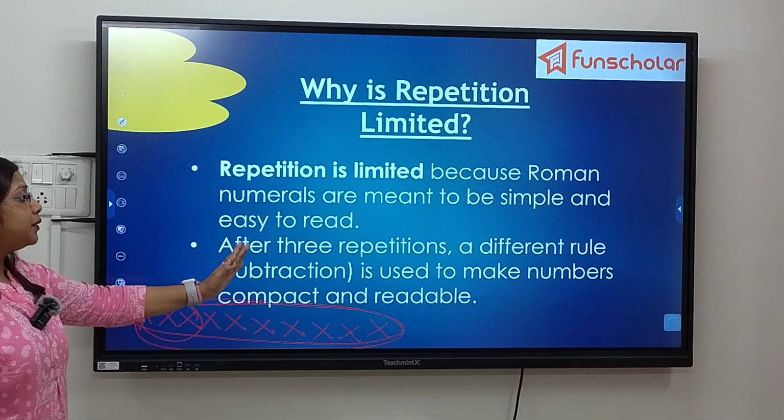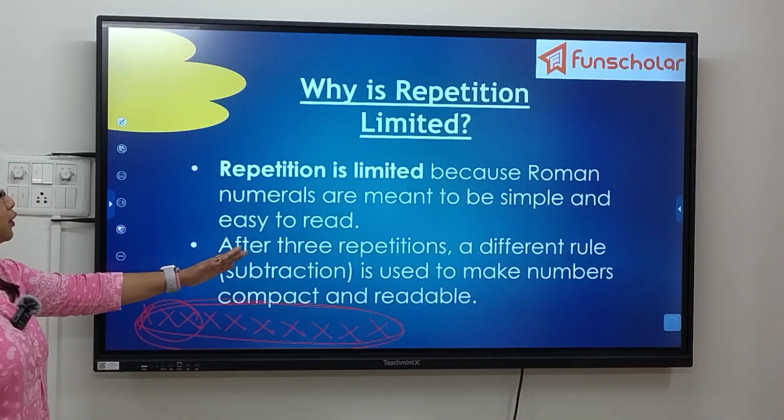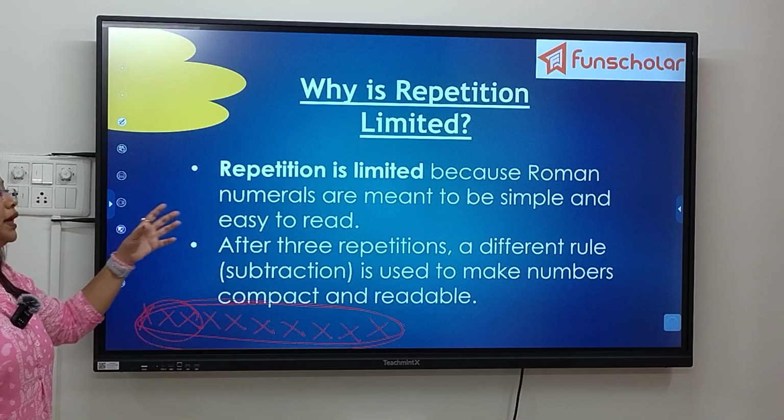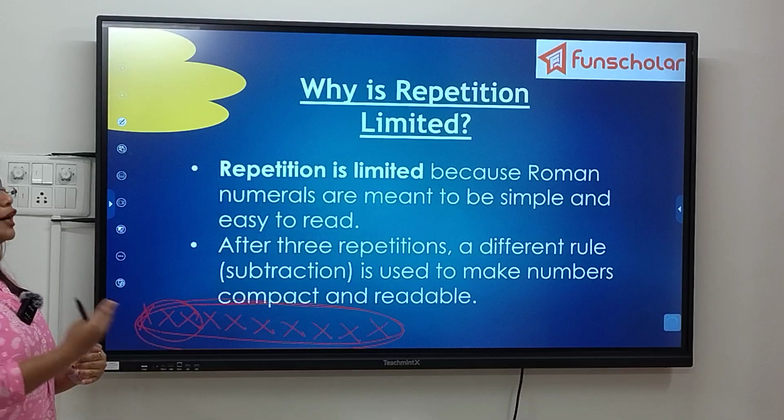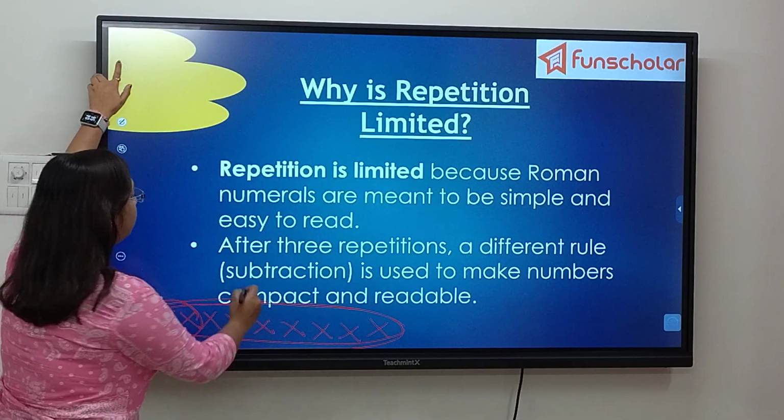And after 3 repetitions there is another rule, the subtraction rule, that comes into the scene. We will learn about this rule the next day.